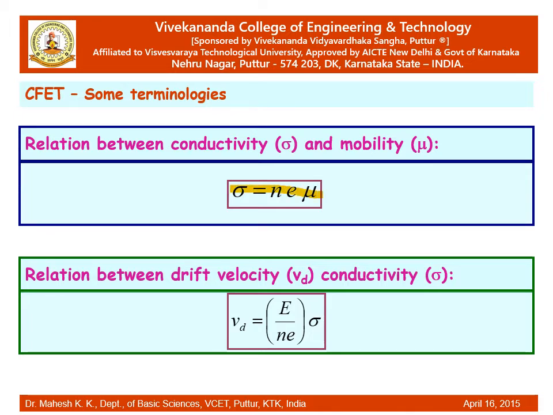So we have a relation here between sigma and mu, where n is the charge density, e is the charge, and mu is the mobility. Next, the drift velocity Vd is equal to E by Ne sigma.